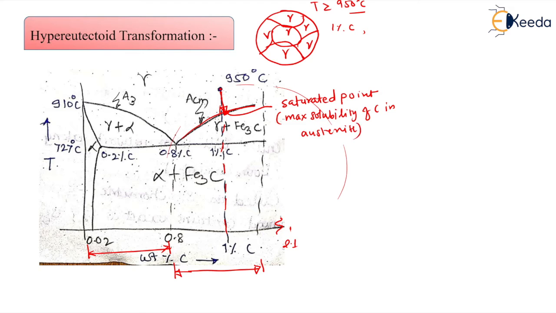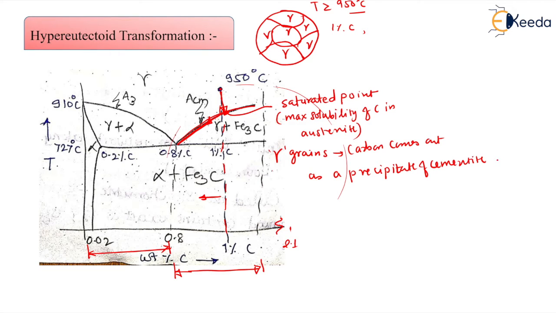Now if we come below this saturated point, as you come down this line, the carbon percent goes on decreasing. In the gamma grains, the carbon is going to come out as a precipitate of cementite.